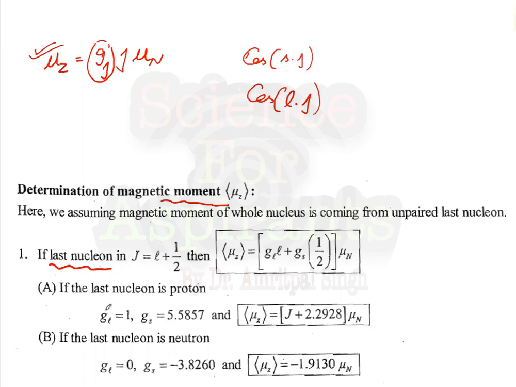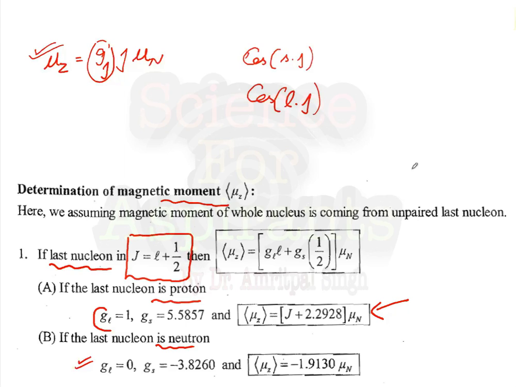If there is a proton in the outermost shell, then we choose this formula, and if there is a neutron in the outermost shell, then we choose this formula. Basically there are two values of magnetic moment which we will derive.